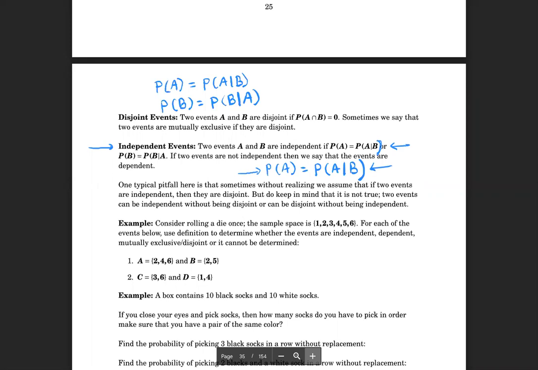If you're having difficulties with this, try to type it in this way one by one and play around with it. What I recommend is that you type uppercase P, open parenthesis, uppercase A, close parenthesis, then put equal to, then uppercase P, open parenthesis, A, vertical line given, B has happened, and close parenthesis.